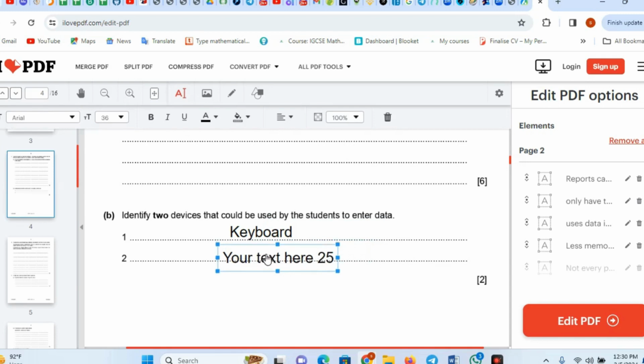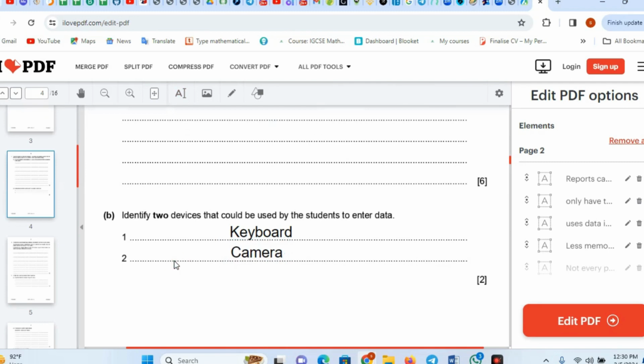Yes, that's correct. You also need a camera, because as you start to record it, it starts staying on your phone. That's why a camera is also an input device. Other devices that you can use to enter or input your data are the touch screen.